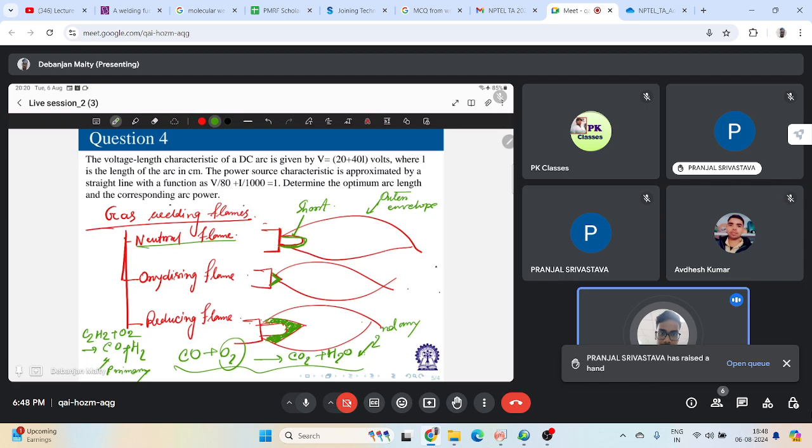Now there are some analytical formulas through which you can estimate the rate at which those electrons are getting emitted from a hot surface.